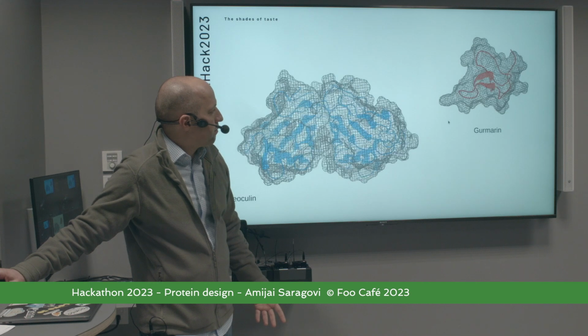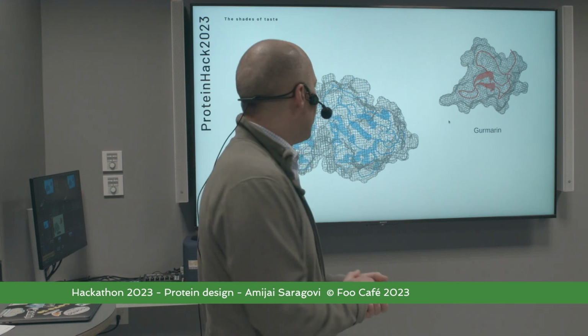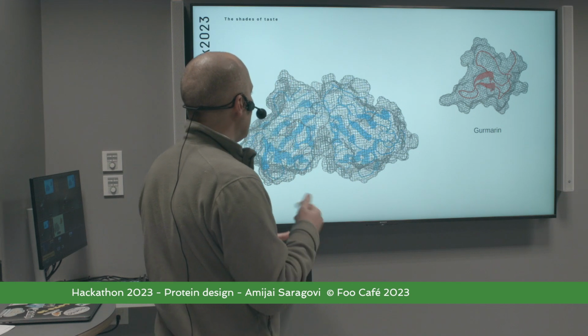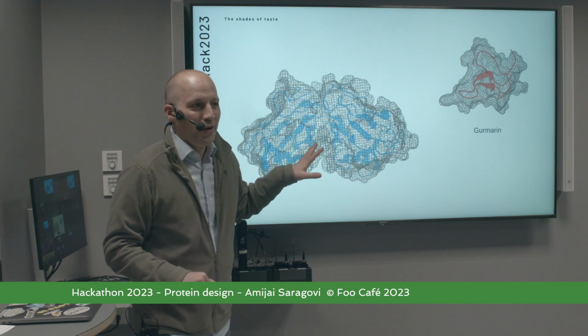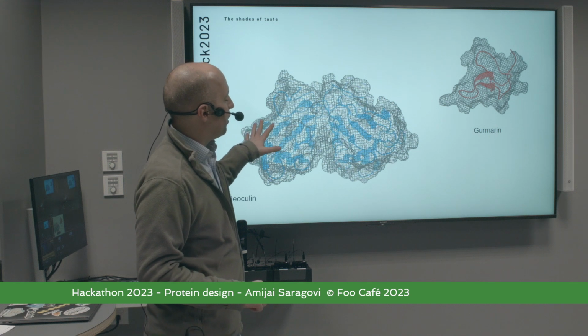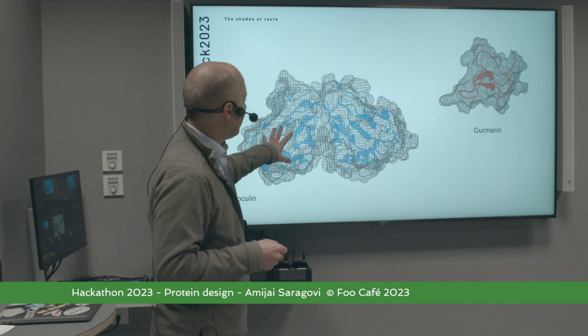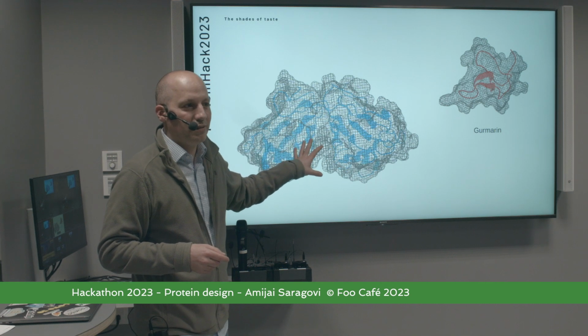sensation of taste. We also have other proteins that, in my opinion, are cooler. These proteins actually switch the sensation. So the one here in blue, I don't remember which is which, but the one here in blue will make you feel like sour things are actually sweet.